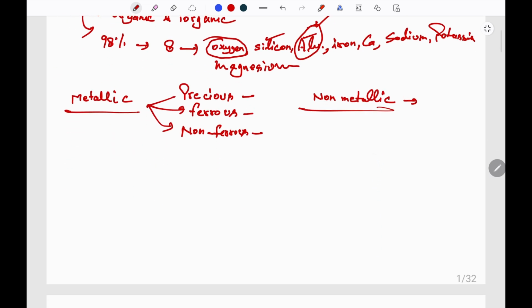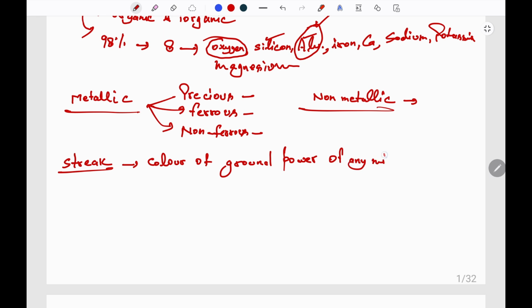Now let us look at some physical characteristics of minerals. So we have a previous year question on that also. One characteristic is streak. What is this? This is the color of the ground powder of any mineral. What was the question?